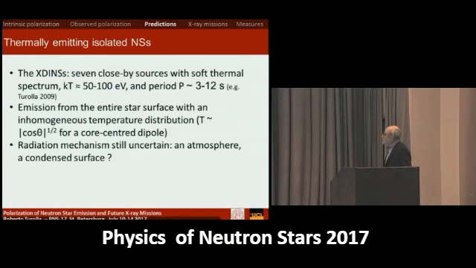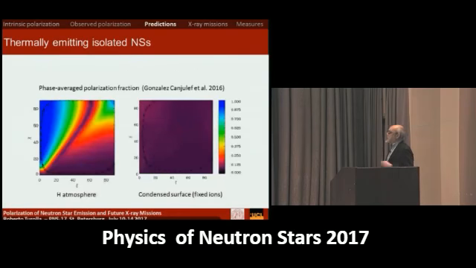We are not sure what the radiation mechanism is that actually produces the radiation we observe in the X-ray range. As I said, it could be an atmosphere, it could be a condensed surface, perhaps with a very thin hydrogen atmosphere on top. Just to show you what comes out, I report here the results for the phase average polarization fraction, according to calculations recently presented by Denis Gonzalez Caniulef and our group.